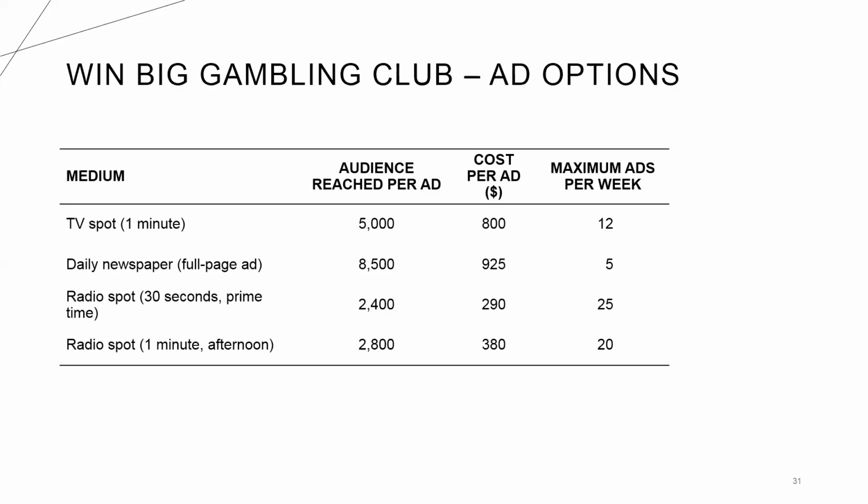But one of them is going to be easier than the other because of how all the information is given. Some of the constraints are going to be easier to write one way, some of them are going to be easier to write the other way. But if we look at the majority of the constraints, we have these maximum ads per week constraints. Those are 4 separate constraints. Those are going to be easier to write if we're writing them in terms of number of ads. Right? If X1 is the number of TV ads, then that constraint, maximum ads per week is 12 for TV, will just be X1 is less than or equal to 12.